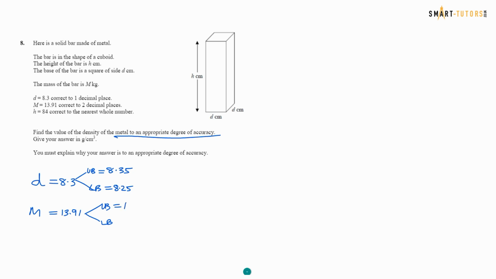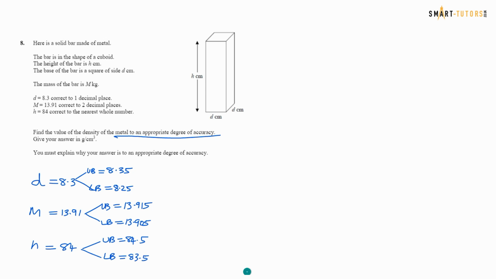Upper bound 13.915 and the lower bound is 13.905. And finally H = 84, correct to the whole number. So upper bound is going to be 84.5 and the lower bound is going to be 83.5.